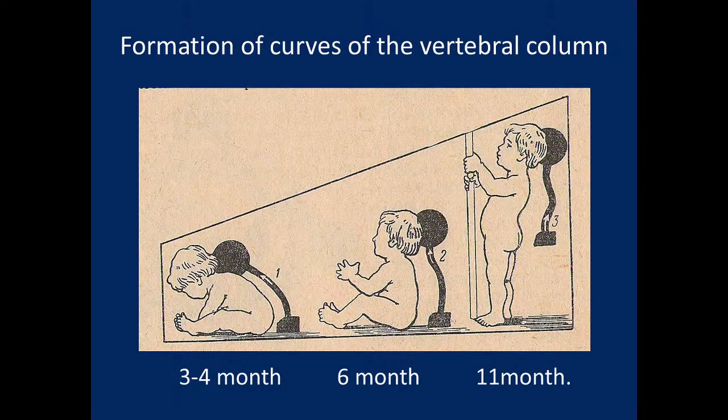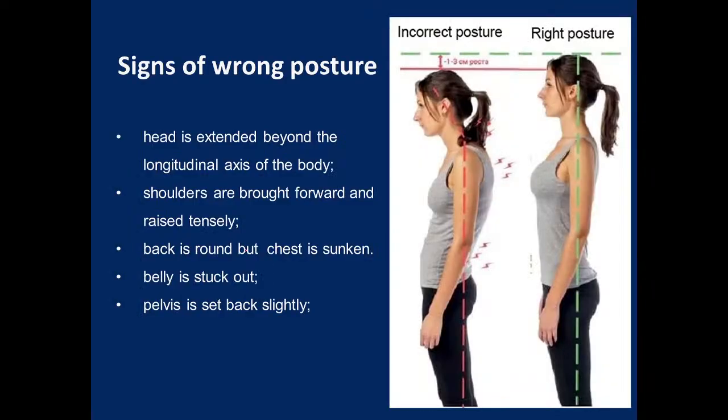Usually all of these curvatures form after birth, when children start to sit, to stand, and then to walk. Actually, some people have signs of wrong posture.